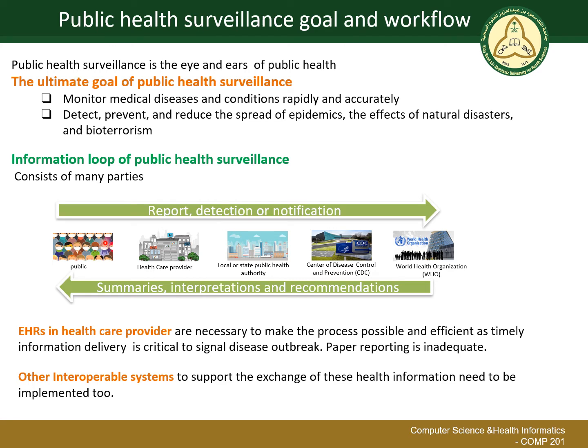The information loop of public health surveillance consists of many parties. First, the physicians detect the disease or the condition, and report it to the healthcare provider, the hospital, or the clinics, which send a report or a message to the local health department, which will forward the information to the Center for Disease Control and Prevention, and finally they will send the information to the World Health Organization for specific diseases.